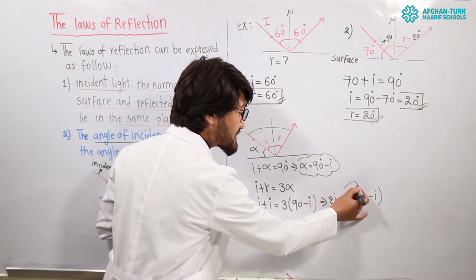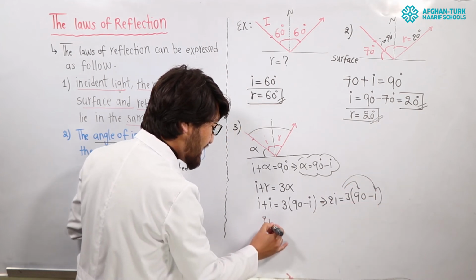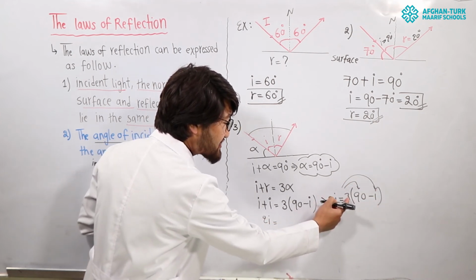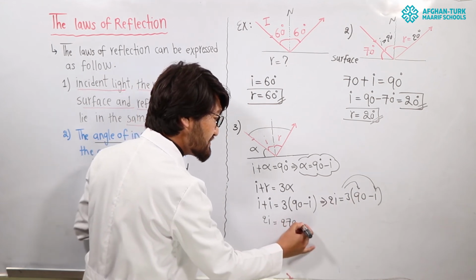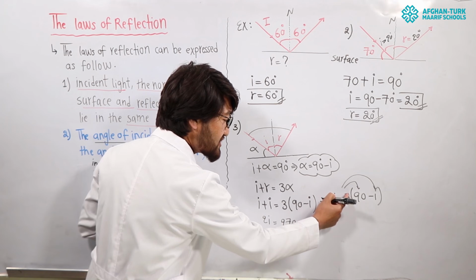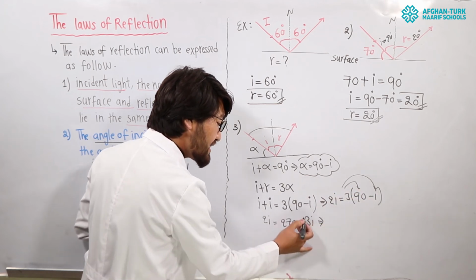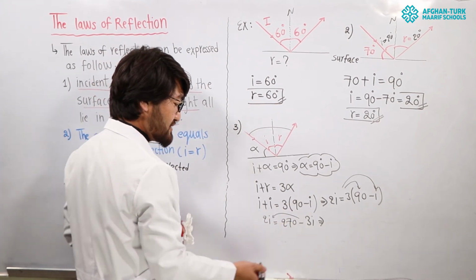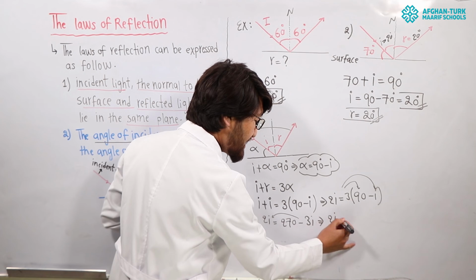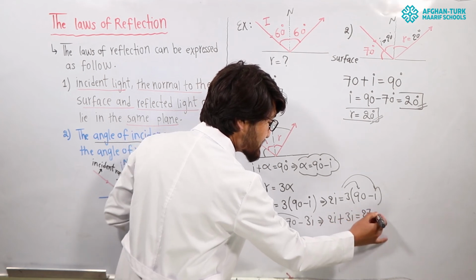Now we multiply by this 3. Okay, 2I is equal to 3 times 90, which is 270, minus 3 times I, we have 3I. Okay, 3I comes to the other side of the equation, 2I plus 3I equals 270.